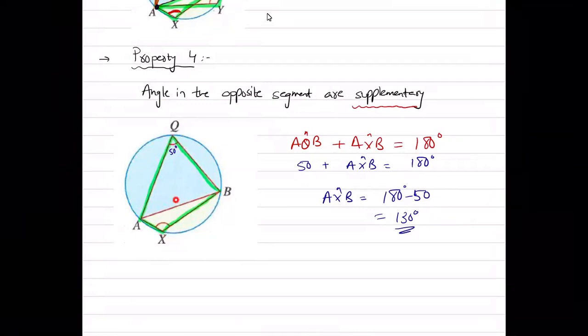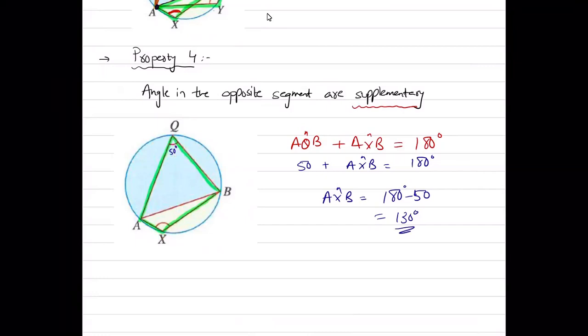These two are the opposite segments. So angles in opposite segments are supplementary, which means that their sum must add up to 180 degrees. If you know the value of AQB as 50 degrees, you can easily find the angle AXB by taking 50 away from 180.